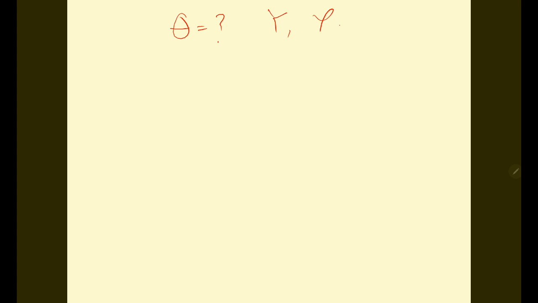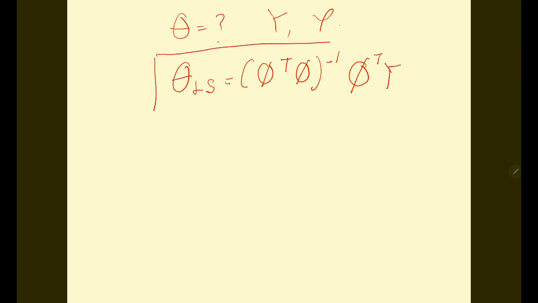So after all the derivations, if you want to find or estimate the value of theta using least square error, we have to use the formula theta equal to phi transpose phi inverse phi transpose y. So this is the equation for finding or estimating the value of theta.